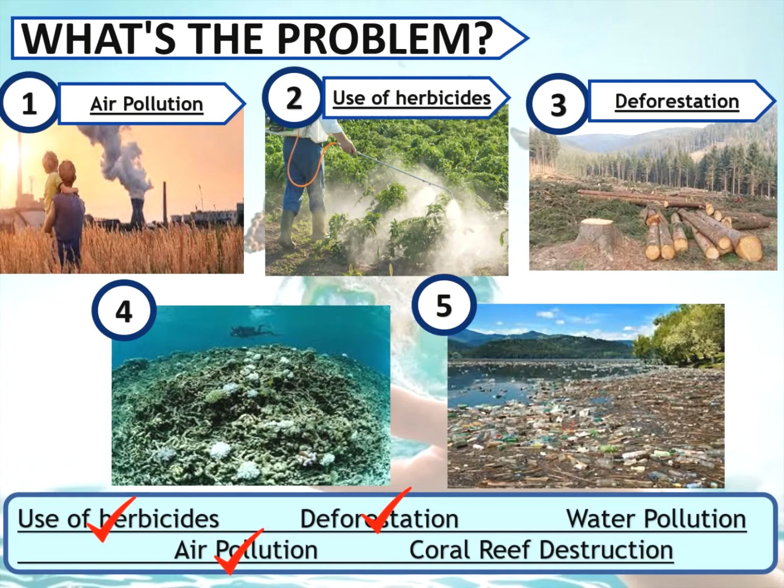Itong deforestation ay marami siyang damaging effects. Una, kayo ay familiar dito, yung tinatawag nating soil erosion. Yung soil erosion ay ito yung displacement o yung pagkawala ng lupa. Another damaging effect of deforestation, yung tinatawag nating flooding and mudslide. Are you familiar with flooding?